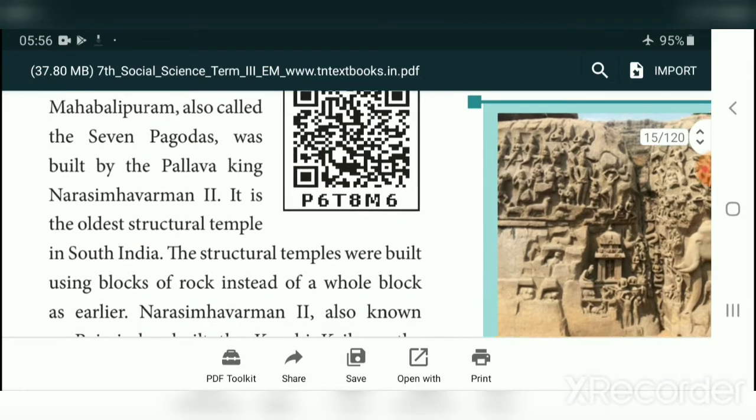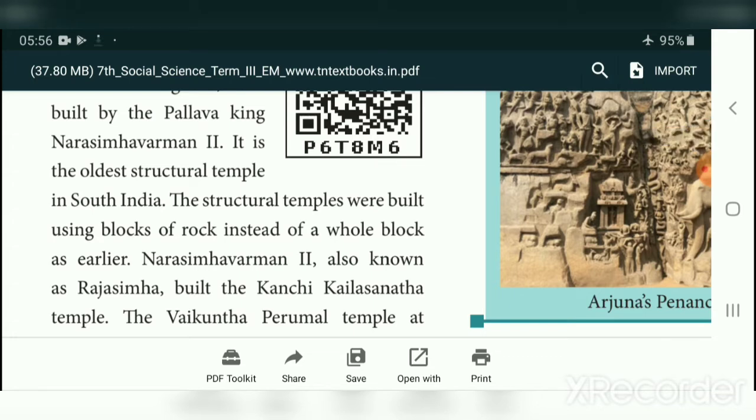Another important GK question: it is the oldest structural temple. Mahendravarman built rock-cut temples, but Narasimhavarman changed the type and introduced a new type called the structural temple. So he built that Shore Temple. It was an old structural temple in South India.